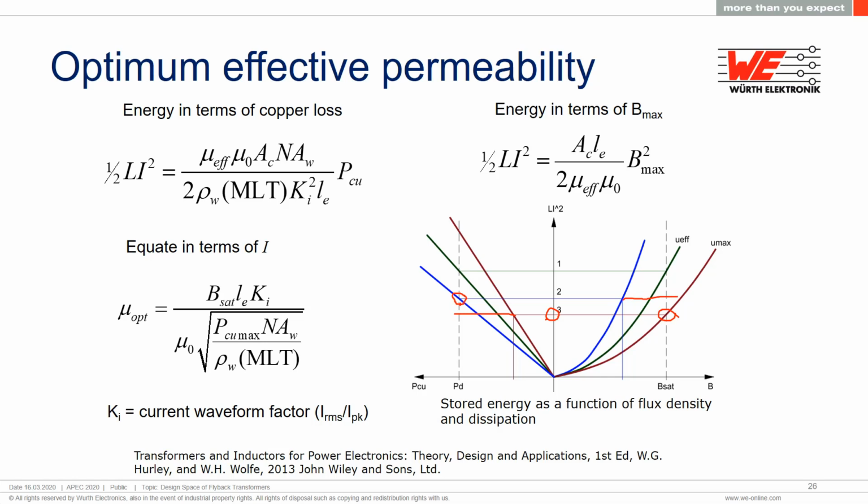So again, you're not getting the maximum energy out of the core that you possibly could get. And of course, the green line, you're using the maximum power dissipation, and you're using the maximum amount of flux available. So you have the optimal amount of energy for your design, which should result in the smallest core.